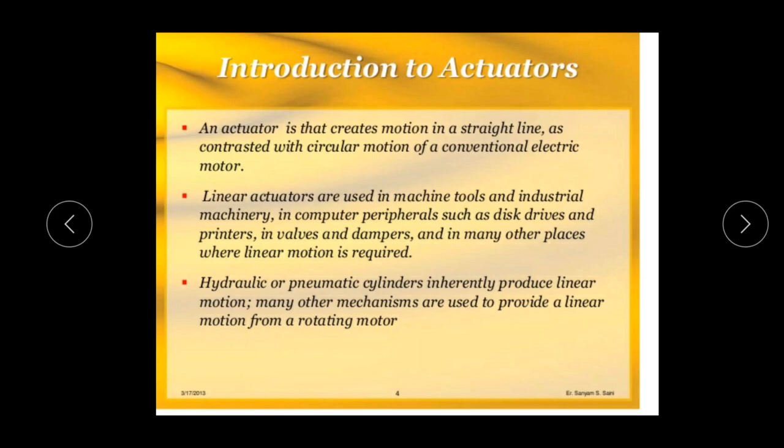Linear actuators are used in machine tools and industrial machinery, in computer peripherals such as disk drives and printers, in valves and dampers, and in many other places where linear motion is required. The hydraulic and pneumatic cylinders inherently produce a linear motion. Many other mechanisms are used to provide a linear motion from a rotating motor.